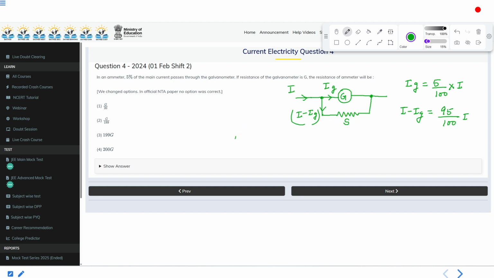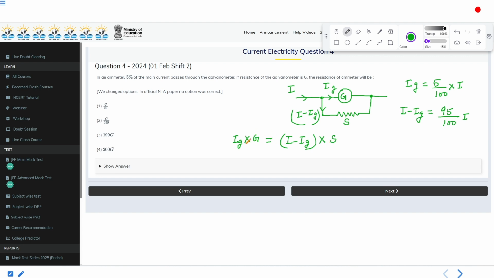It means Ig into G, the potential difference across the galvanometer, will be equal to I minus Ig, the current flowing through the shunt, times S, the resistance of the shunt, which represents the potential difference across the shunt. So the potential differences across the galvanometer and shunt are equal.